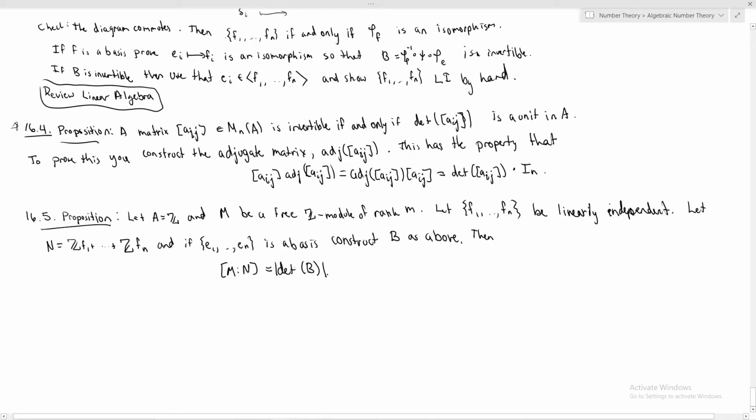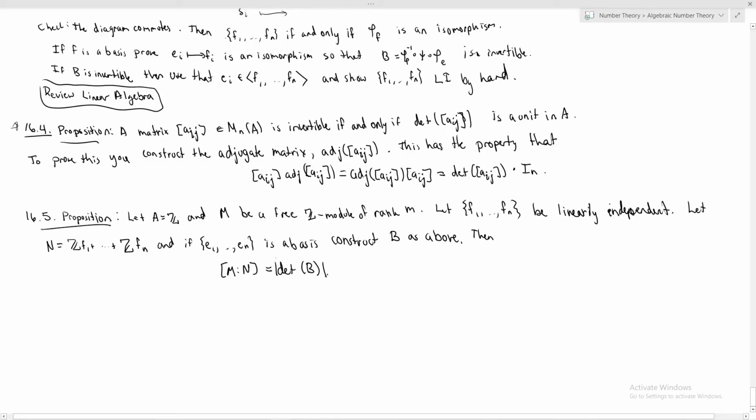Okay, so in Z this means that this determinant is either plus or minus 1, so this matrix B is invertible if and only if the determinant of the matrix is plus or minus 1, and the matrix is invertible if and only if these fi form a basis by 16.3.